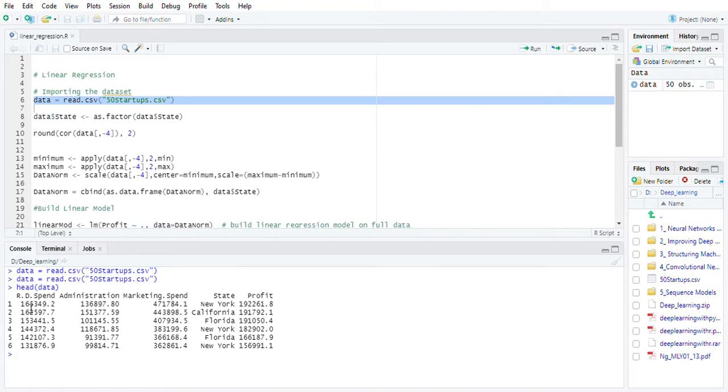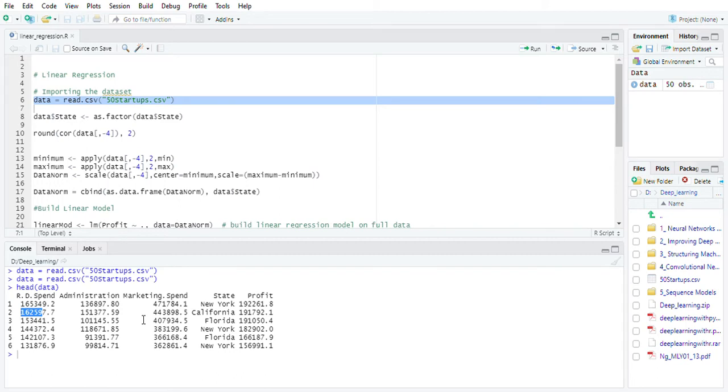For instance, the first company spent this amount of money in research and development, this amount in administration, this amount in marketing, and it was in New York, and they got this amount of money as a profit. And this is the second company. They spent this amount of money in research and development and got this one.